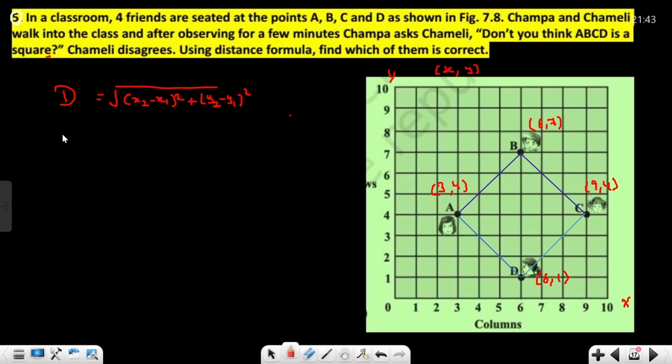Then find the distance of AB, distance of BC, distance of DC, and distance of DA. Everyone find the values, and if all values are equal, you can say yes, it is a square. Champa is right. Okay, it's your homework.